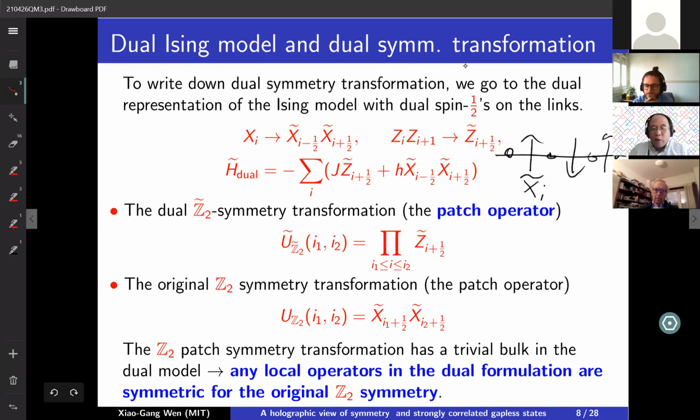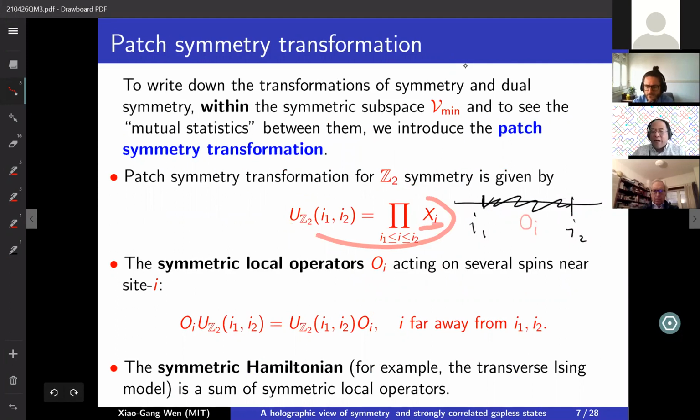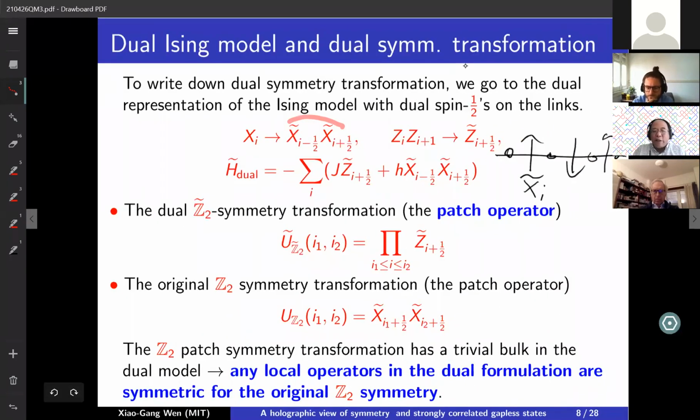In this dual Ising model, we can see that this Z2 tilde symmetry is generated by this Z tilde operator, which commutes with both the Z term and this XX term. Again we have a patch operator which only acts on the segment. Now the original Z2 symmetry operator, a product of X, becomes a product of X tilde and X tilde on the neighboring site. However, when you have a product of these, the internal X tildes all cancel each other.